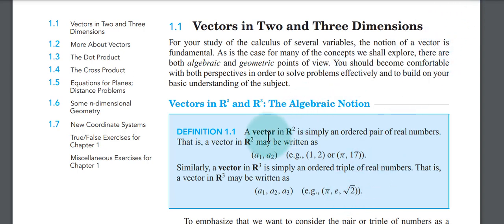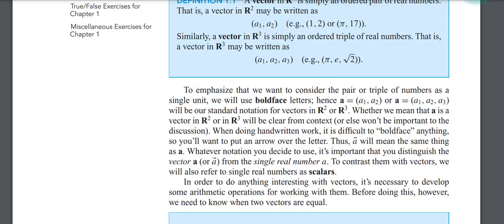And when we only have two elements, we say that the vector is in R2, and if we have three elements, like this one, we say the vector is in R3. In this book, when they want to indicate a vector, they use a bold-faced letter like this a, and it won't be capital, it will be a small letter.